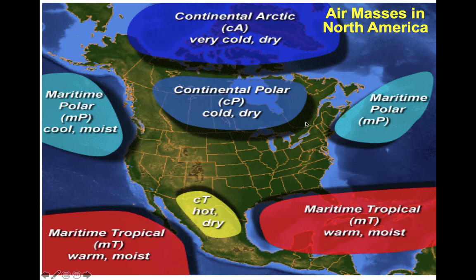On the east side of the continent, we have the maritime polar air mass originated from the North Atlantic Ocean and bringing lots of cold air and sometimes also moist as well. And the maritime tropical air mass is the driver for the hurricanes that we experience in the southern United States.